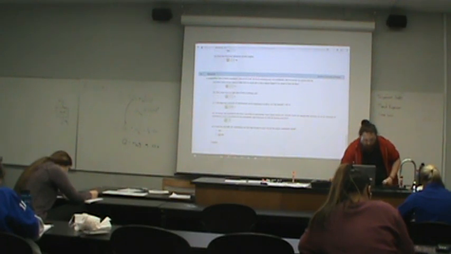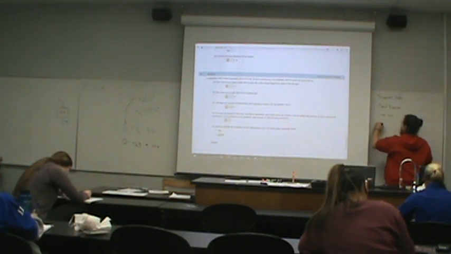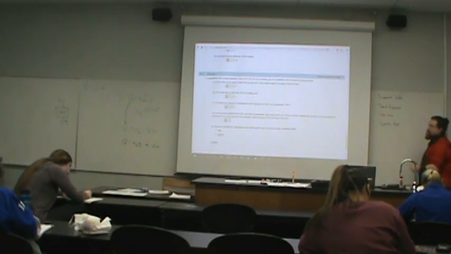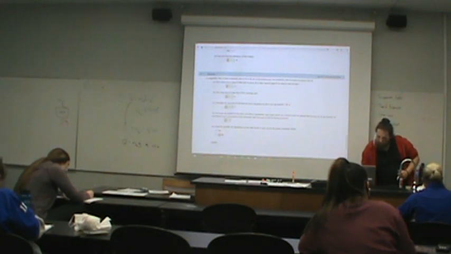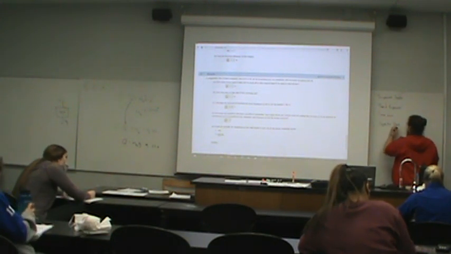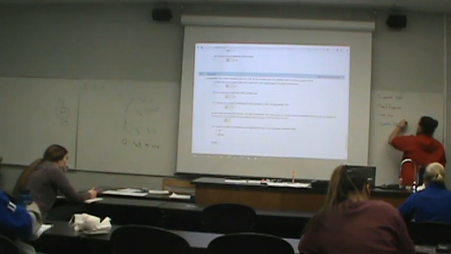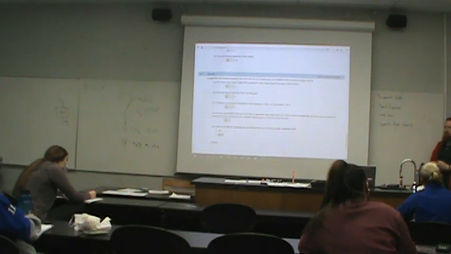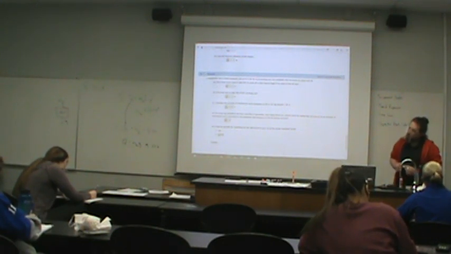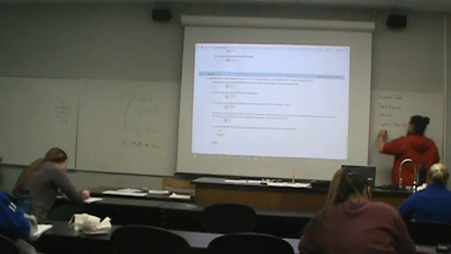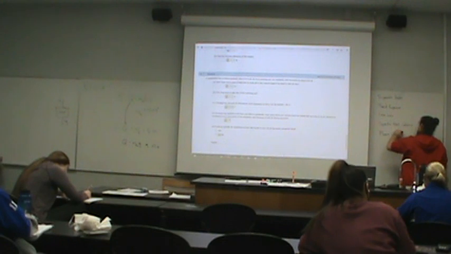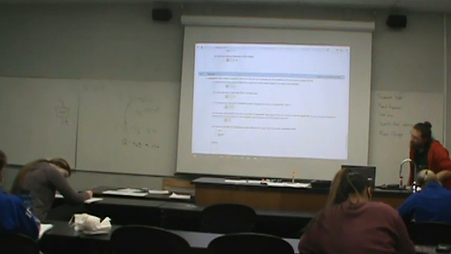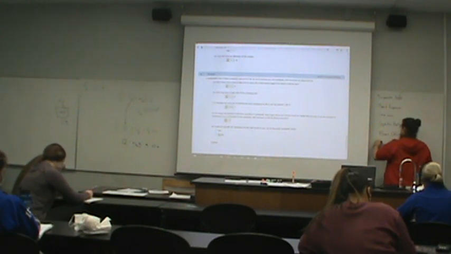Chapter 11 talked about specific heat, Q equals mc delta T. We apply that to the idea of calorimetry, put those together, because all of our calorimetry examples are specific heat examples. Then phase change. Thermal conductivity.